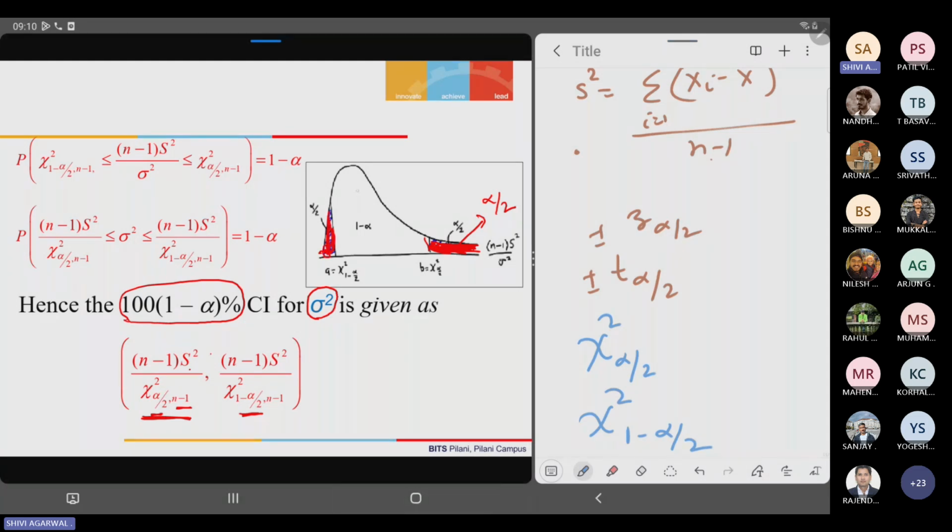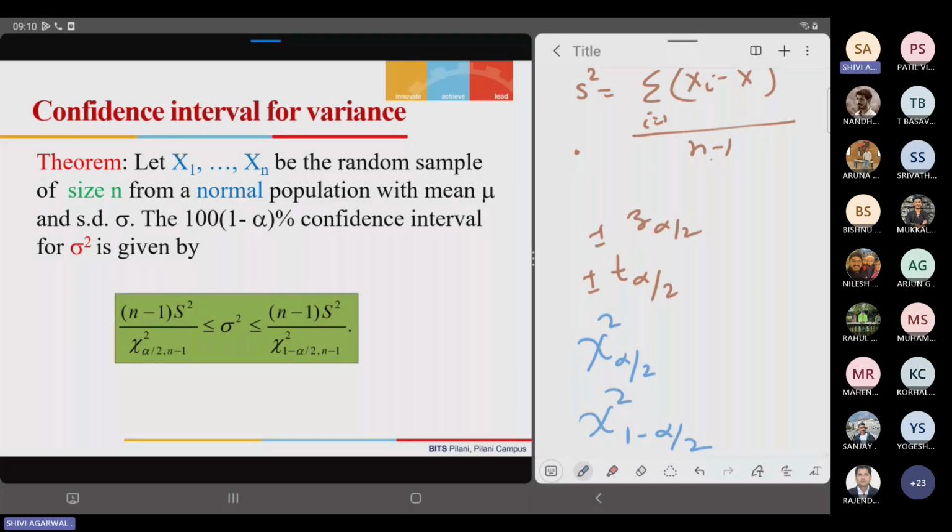So the confidence interval for sigma square, when the population is normally distributed, is n minus 1 s square upon chi square alpha by 2 with n minus 1 degrees of freedom, and n minus 1 s square upon chi square 1 minus alpha by 2 with n minus 1 degrees of freedom.